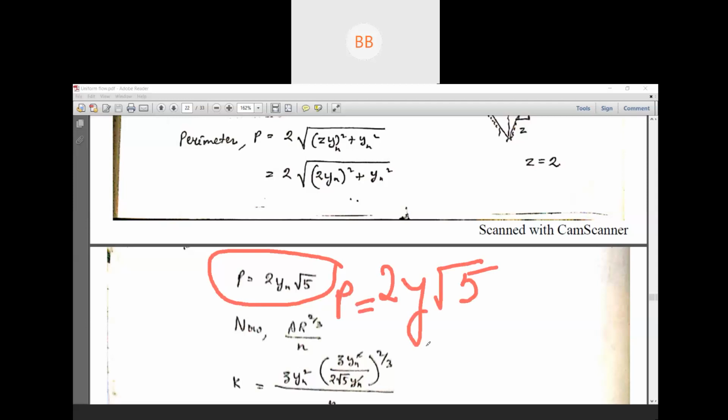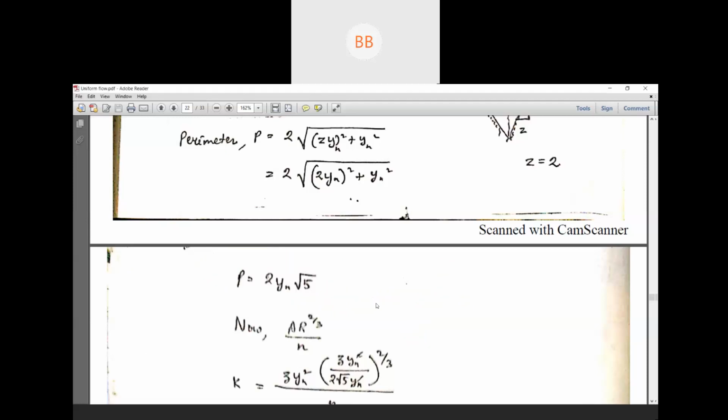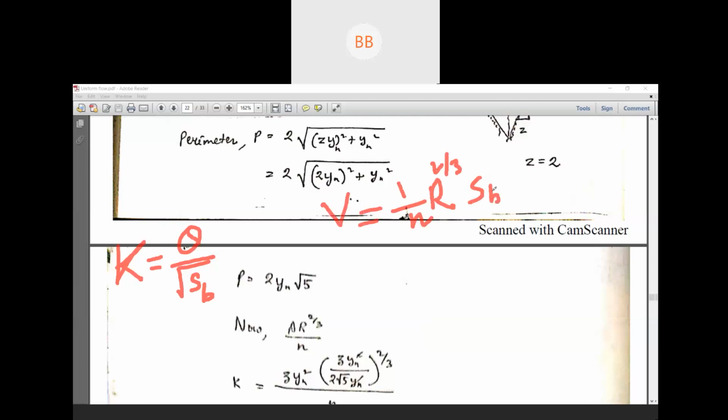Then we need to find the expression for K. If you remember, K is nothing but discharge divided by root over slope, that is your bed slope. The velocity equation using Manning's equation is 1 by n R to the power 2 by 3 S_b to the power half.